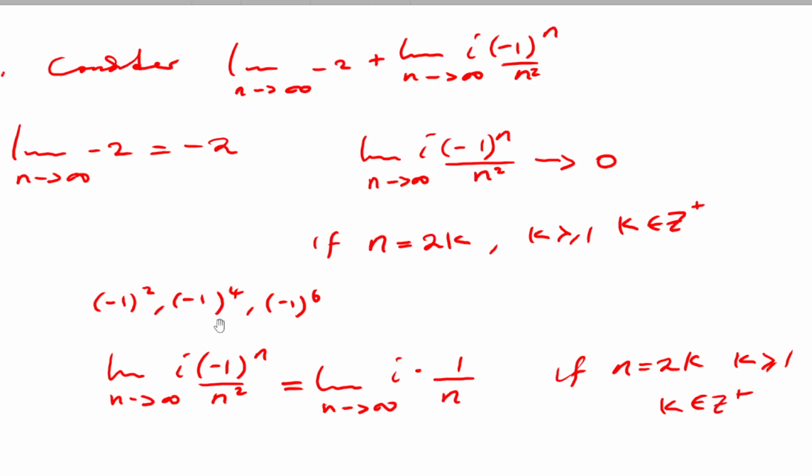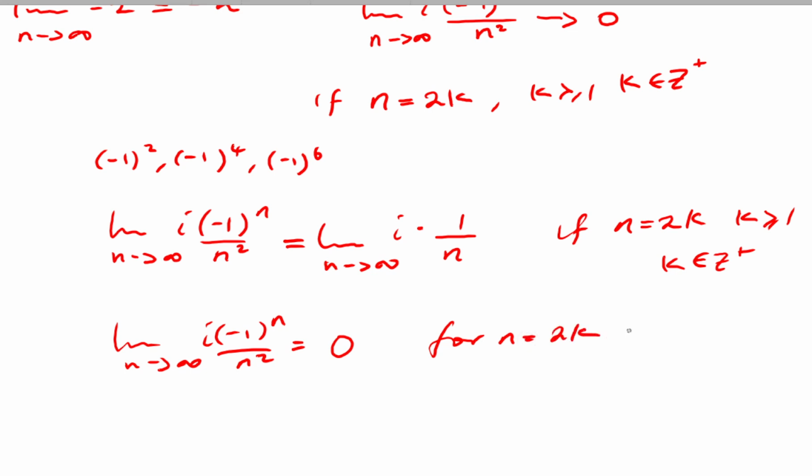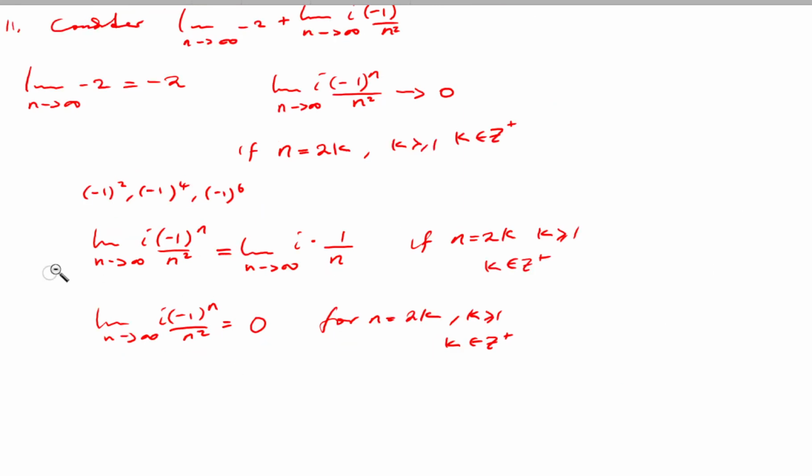And basically, if that is the case, then the limit as n approaches infinity of i(-1)^n over n squared will be equal to, when we put in 1 over infinity, 0 for n equals 2k, where k is greater than or equal to 1 and k is a positive integer.